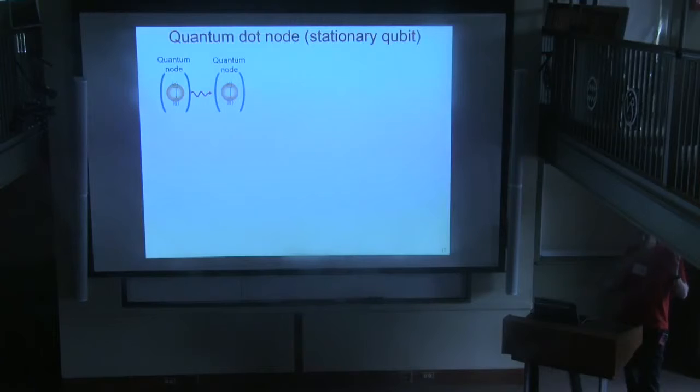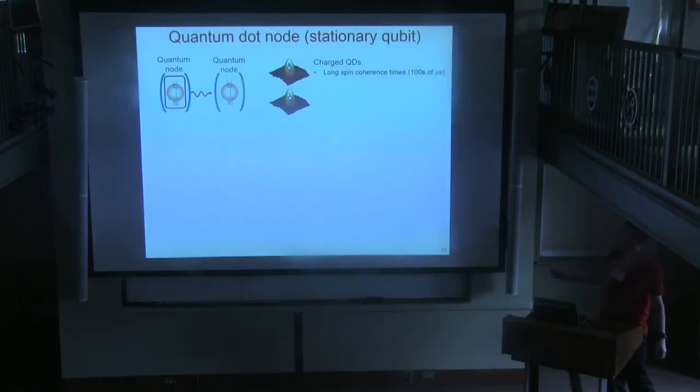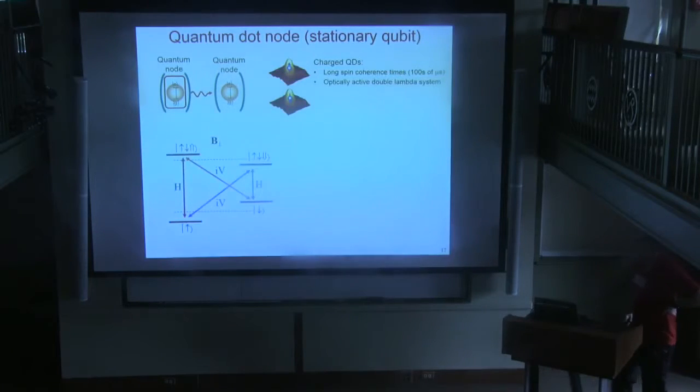So as you have seen, all the lifetimes in the slides before that I've shown were really small. So for more sophisticated quantum networks, that's impossible, because you need reasonably long lived states with reasonably long coherence times. And one possibility to realize such a quantum node with quantum dots is to use charged quantum dots, where you use the spin of an excess charge, which can have hundreds of microseconds coherence time.